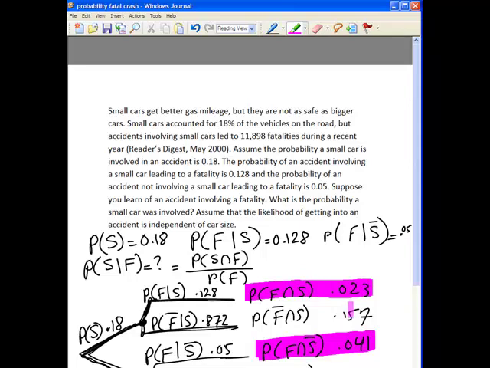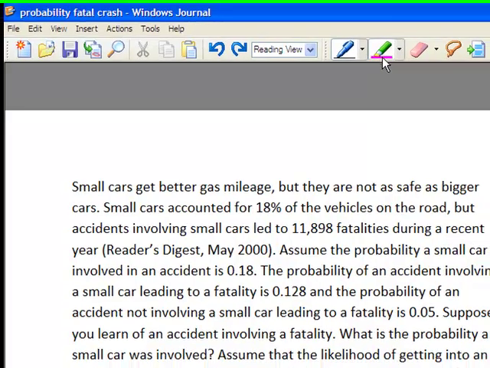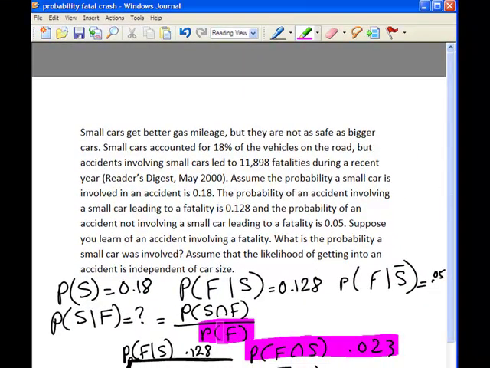If we add them up, we get the probability of fatality, and that is 0.064.